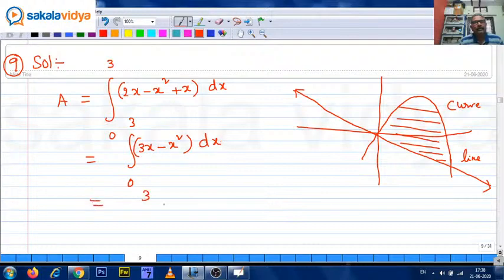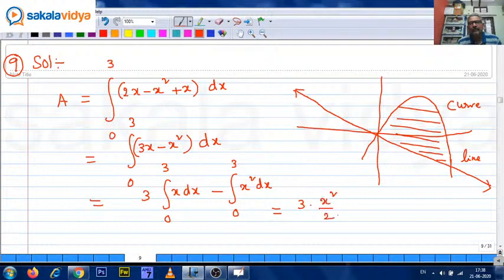So 3 common, integral 0 to 3 x dx minus integral 0 to 3 x square dx. But you need to do it compulsorily, so let us do it now. 3 times x square upon 2, limit 0 to 3, minus x cube by 3, limit 0 to 3.